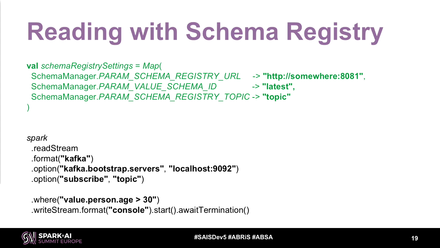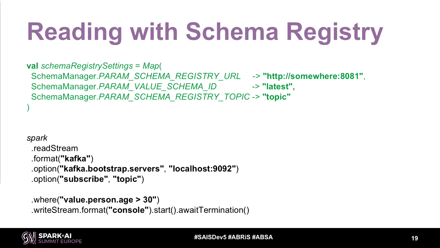To use Schema Registry with ABRIS, all you need is the settings, which are just where Schema Registry is located, the version of the schema, which is the schema ID. In this case, we're passing in latest, but you could pass in any specific ID that you want to use for the specific, in this case, consumer.